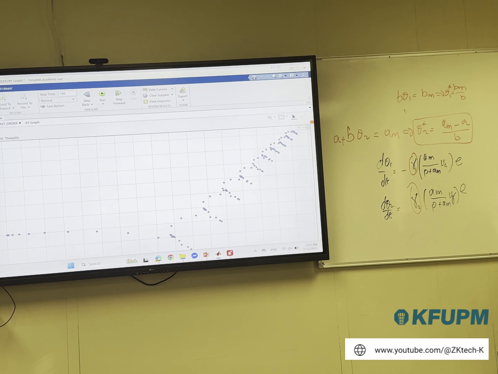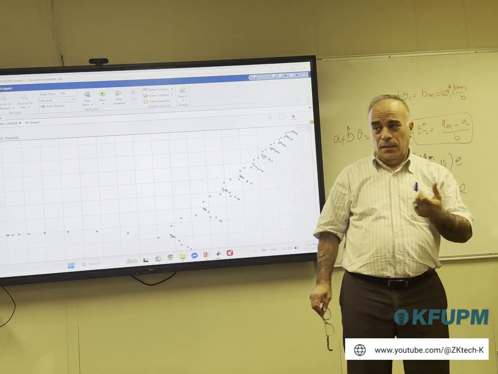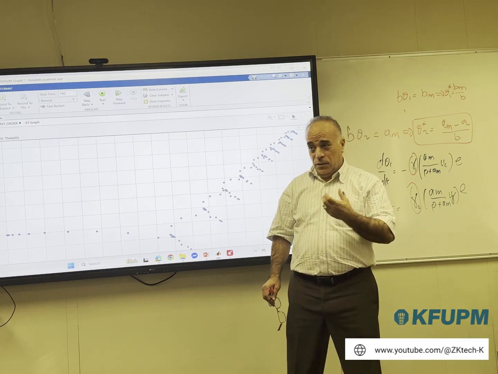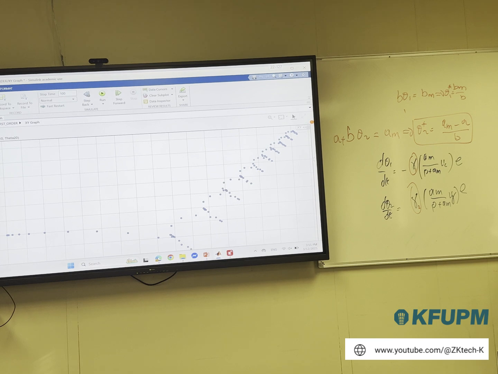But theta 1 and theta 2 will affect the controller. So I need to make sure that theta 1 and theta 2 will not go nuts. They have to give me a feasible controller. So I need to go back and check the control level. I need to check if theta 1 and theta 2 stay finite, because in simulation I may have a perfect model following if I take theta 2 equal to infinity, for example.